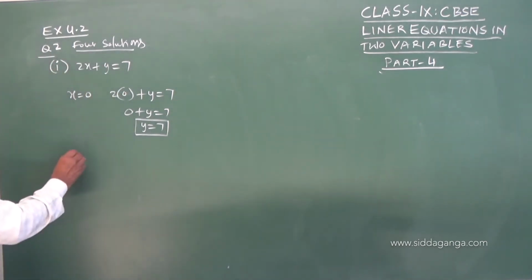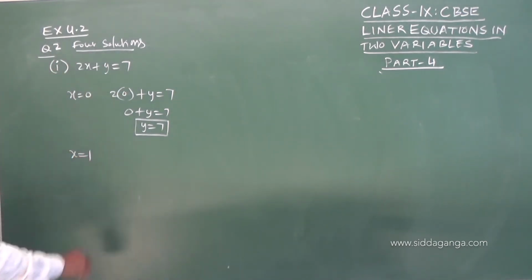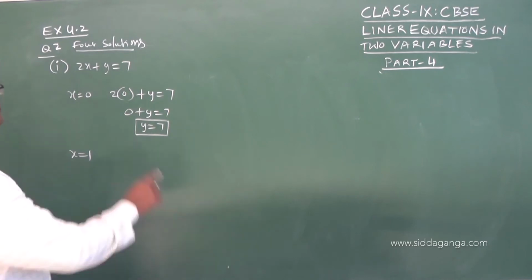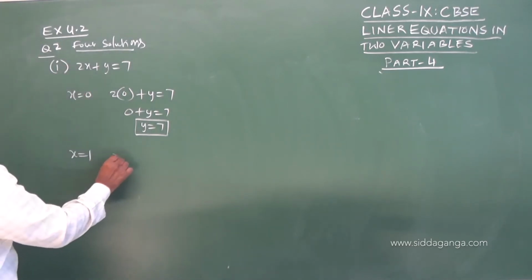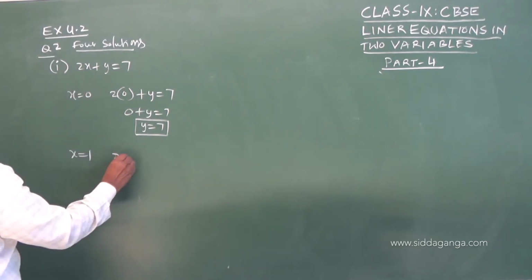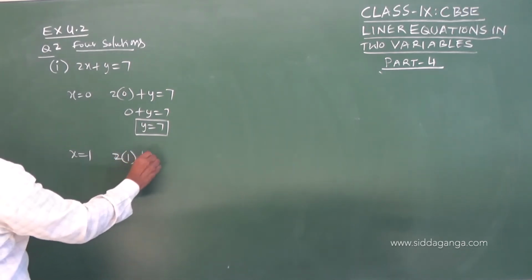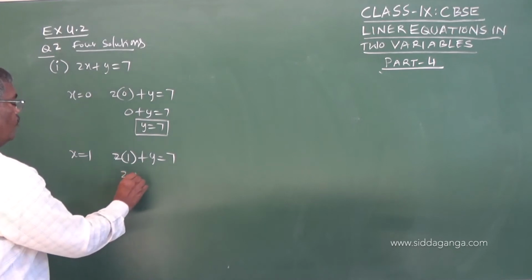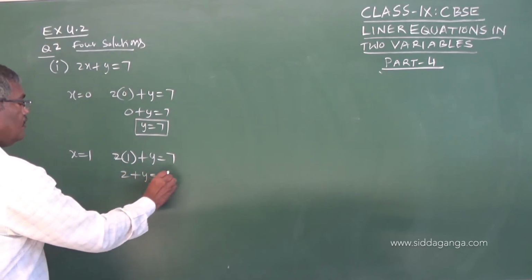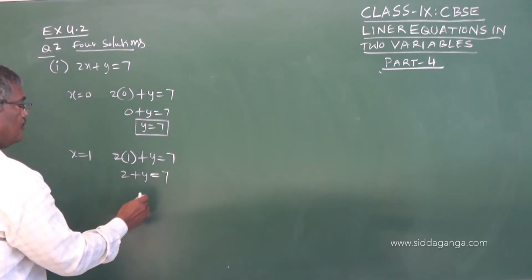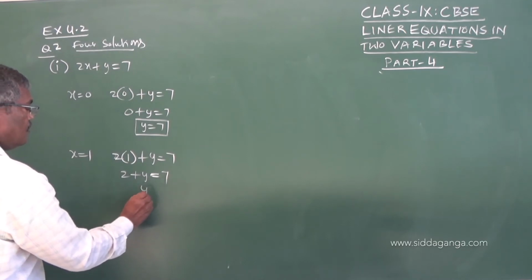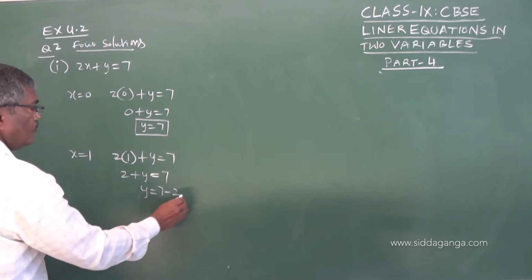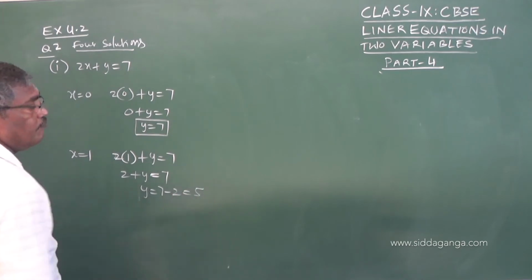Now, second, take x equals 1. When x equals 1, 2 into 1 plus y equals 7. So, 2 plus y equals 7. So, y equals 7 minus 2, which is equal to 5.